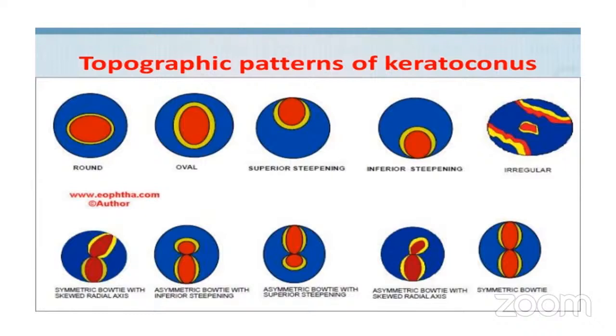The second is the oval. The third, you can see, is superior steepening, then inferior steepening, irregular pattern, then symmetric bow tie with skewed radial axis, asymmetric bow tie with inferior steepening, asymmetric bow tie with superior steepening, asymmetric bow tie with skewed radial axis, and a symmetric bow tie.